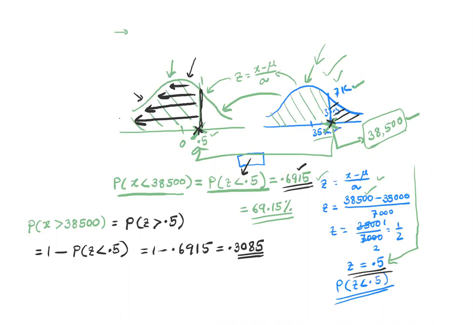That's what it is. So if you select a person randomly from that city, the probability that this person would make more than 38,500 is going to be 0.3085 or 30.85%. That's what the probability is going to be.